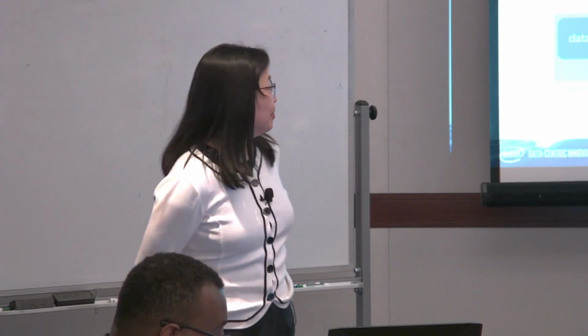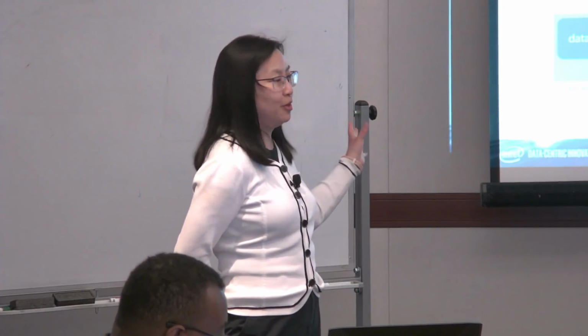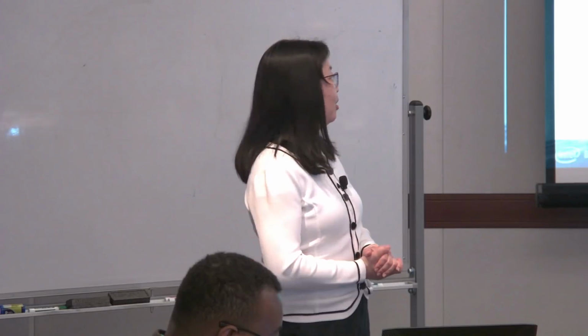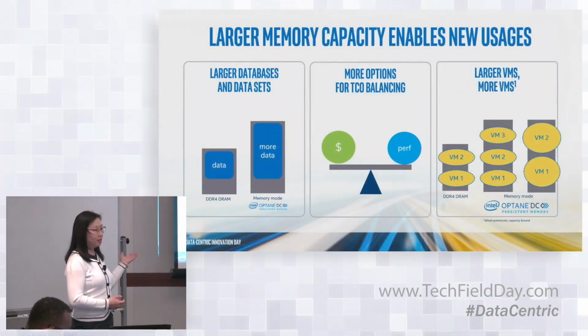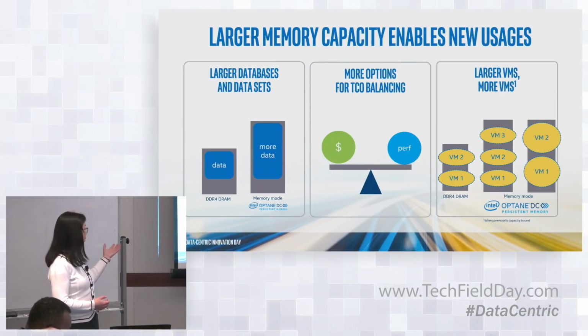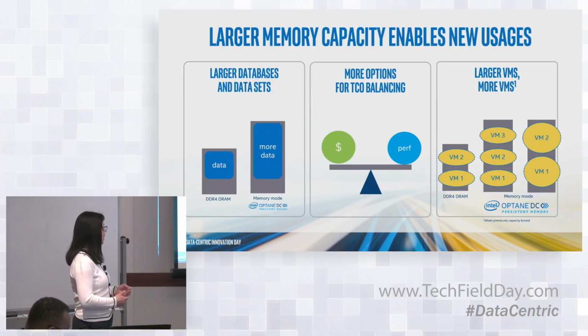Okay, so now we've got the basics out of the way. Let's talk about how we can use this extra capacity. Like you mentioned earlier, so many cores, so many threads. How do you make best use of it? Well, with this added capacity, one thing you could do is just have larger data. For example, if you have a database that's tracking 1,000 employees, you could have a bigger database that tracks 1,500 employees.